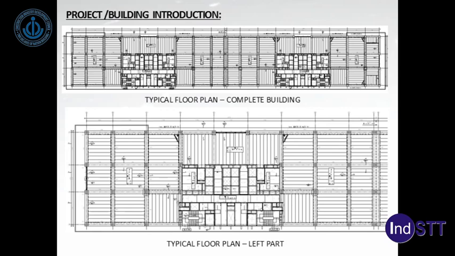We can see on the lower half the left part of the building, and the arrangement is typically a hollow core slab as a floor system, beams in the perimeter and in one direction in the middle supporting these hollow core slabs, columns supporting the beams, walls, and the central area, which is basically the central core and lobby, lift lobby, staircases, etc.